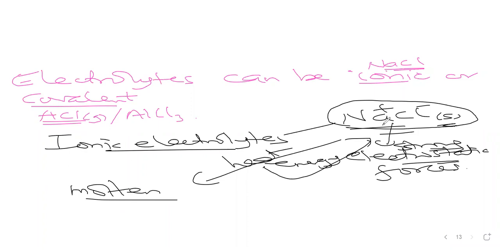So in ionic electrolytes, the electrostatic forces of attraction are broken by sufficient energy from heat to make the electrolytes molten, and hence making the ions free to move to conduct electric current.